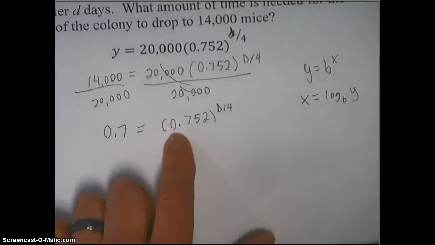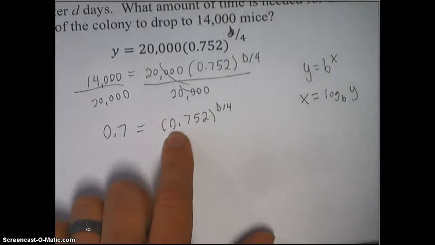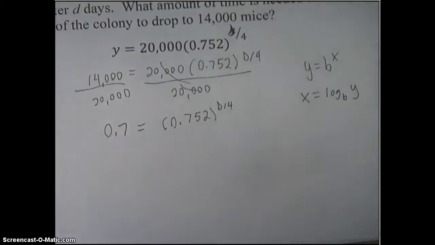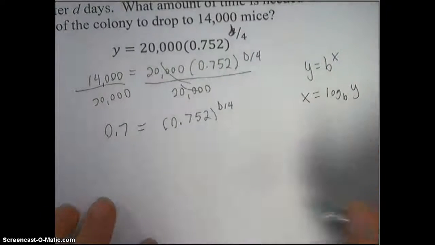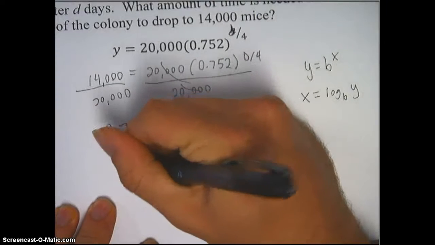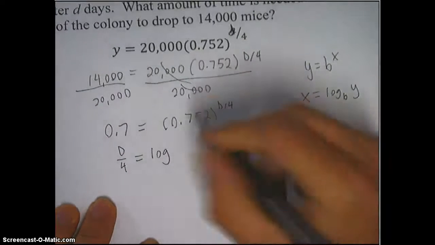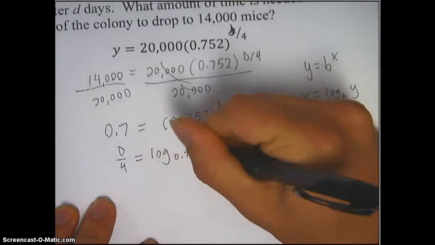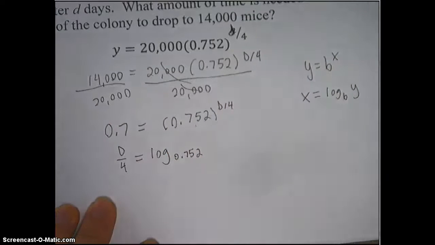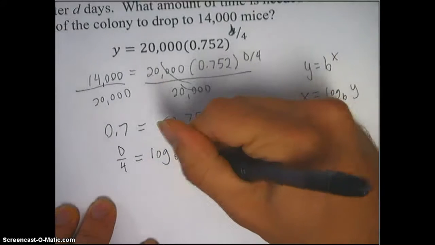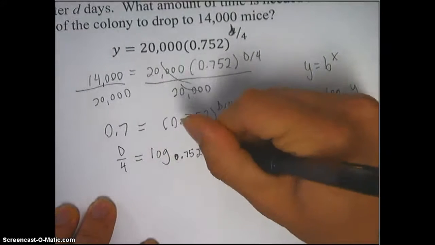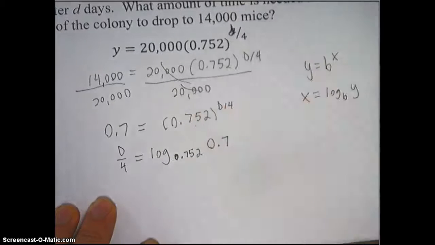So I'm just going to rewrite this exponential equation as a logarithmic one. So I'm going to start with my x, which is the exponent, d divided by 4, equals log base 0.752 of 0.7.